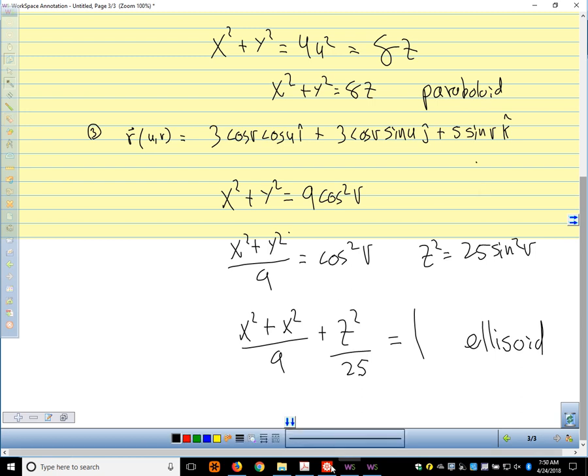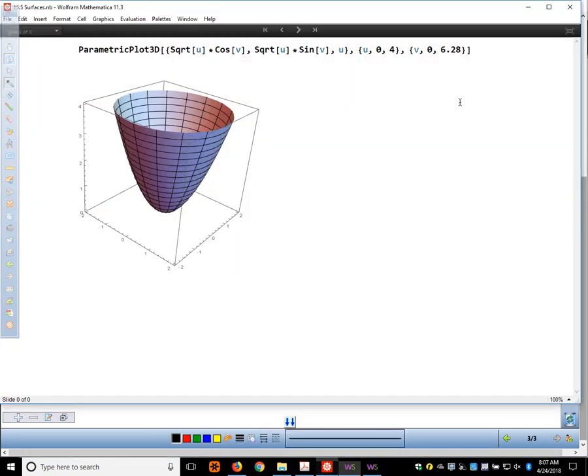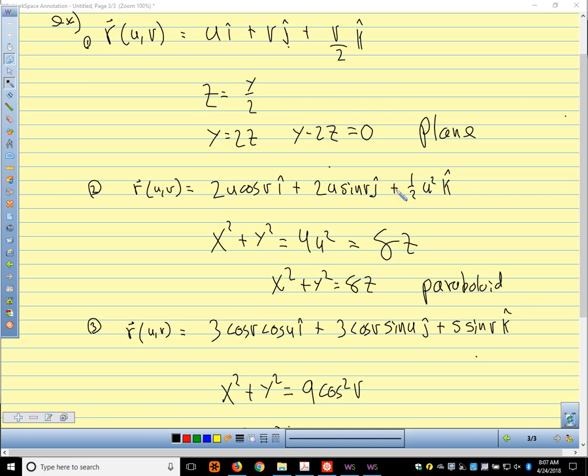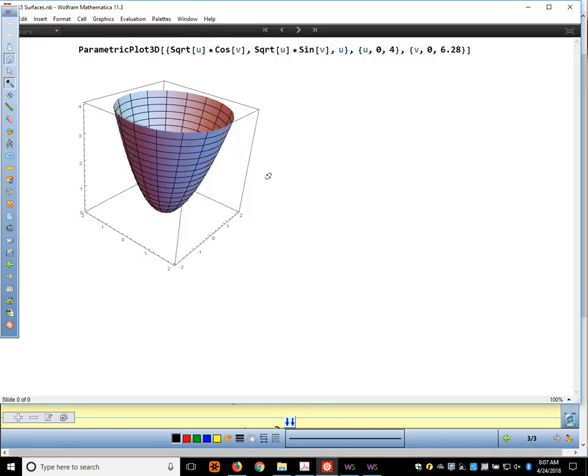All right, let me take a look. I want to make sure this is going to match up with the square root of u. That's disgusting. Is that these that we just did? No, we don't have anything that's square root of u, but it's very similar. I'm trying to figure out what surfaces these graphs match up with.